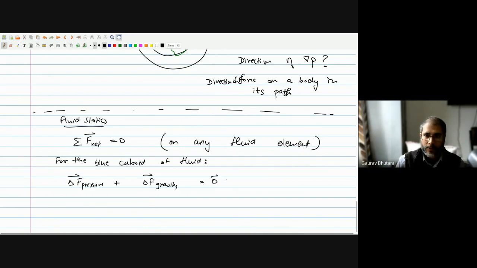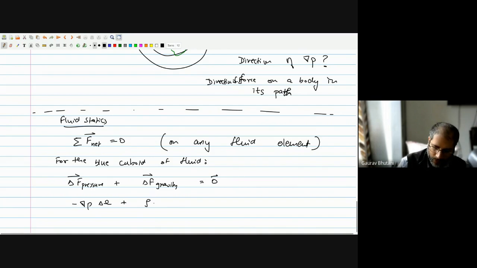The right hand side is also a zero vector. We just calculated that this pressure force acting on the body is simply minus the gradient of P times the infinitesimal volume delta omega. And the gravity force is nothing but mg.